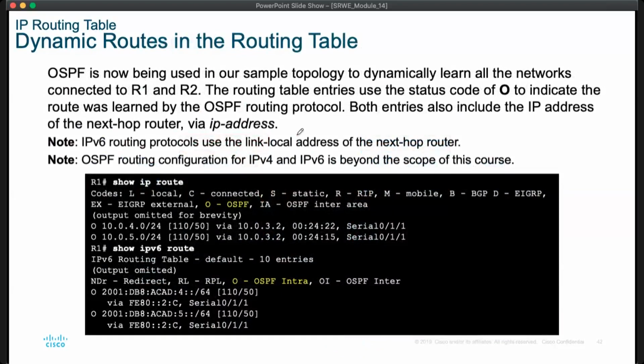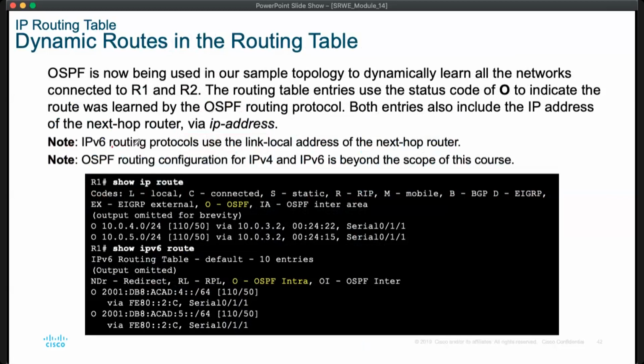Dynamic routes in the routing table. OSPF is now being used in our sample topology to dynamically learn all the networks connected to R1 and R2. The routing table entry uses the status code of O to indicate the route was learned by the OSPF routing protocol. Both entries also include the IP address of the next hop via IP address.